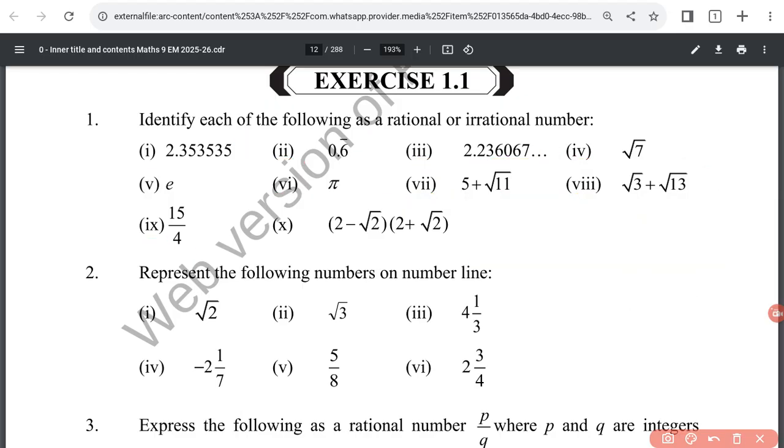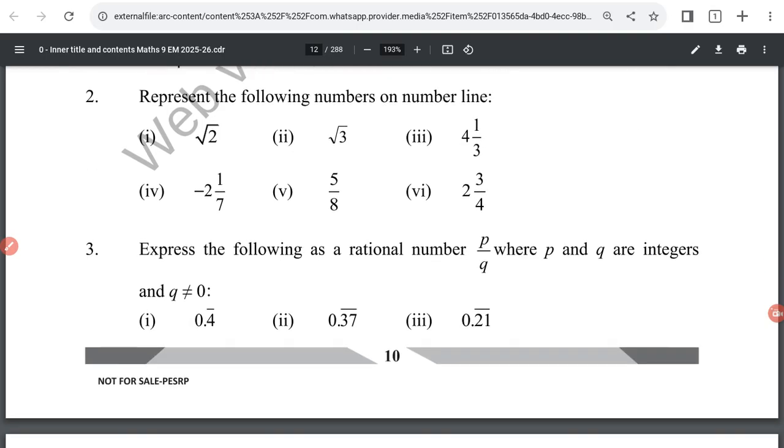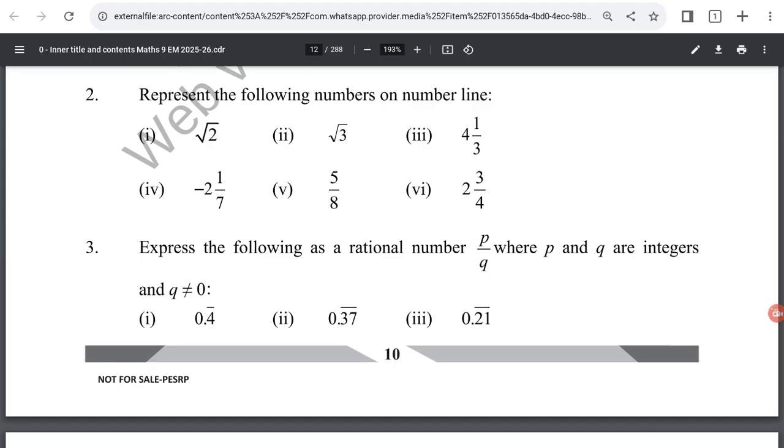So in question 2 we have: represent the following numbers on the number line.